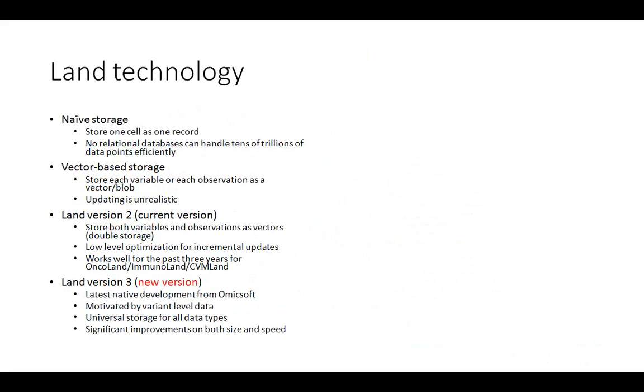So this is the latest native development from OmicSoft, motivated by GeneticsLand's needs of storing variant-level data. As a result, we use this new version to store all the data types, including region-based or gene-centric data. It's a significant improvement in both space and speed. This is a benchmark.